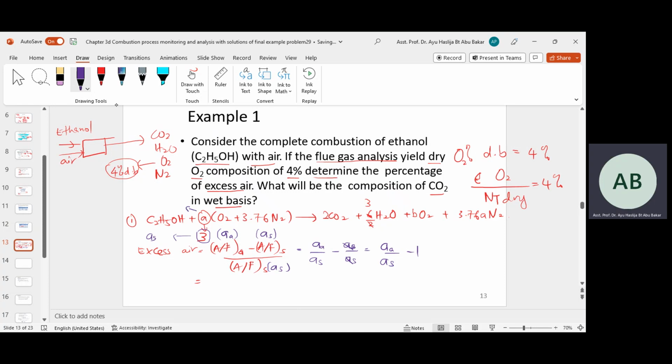So here you will have an unknown of A actual also. How to get the A actual?